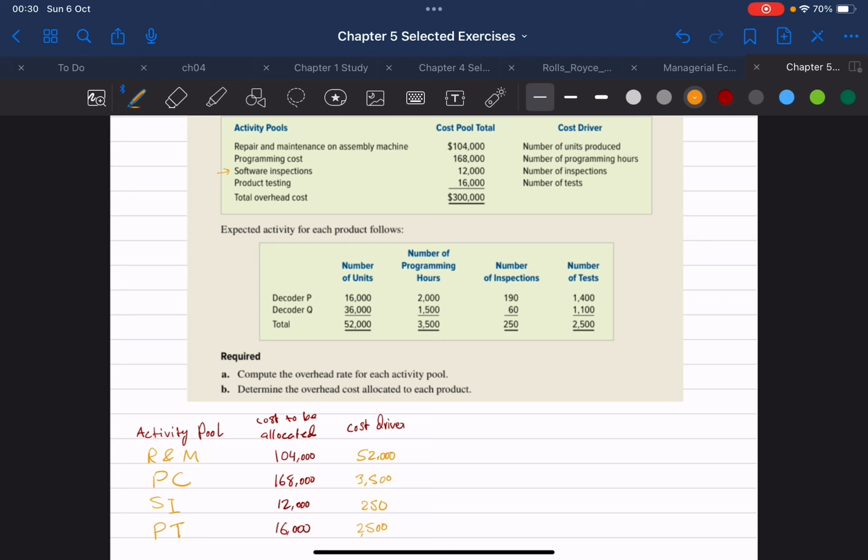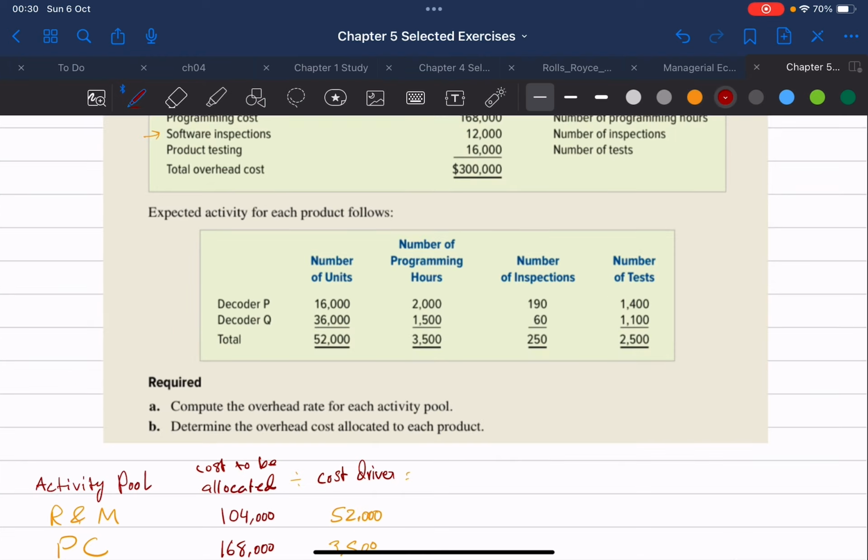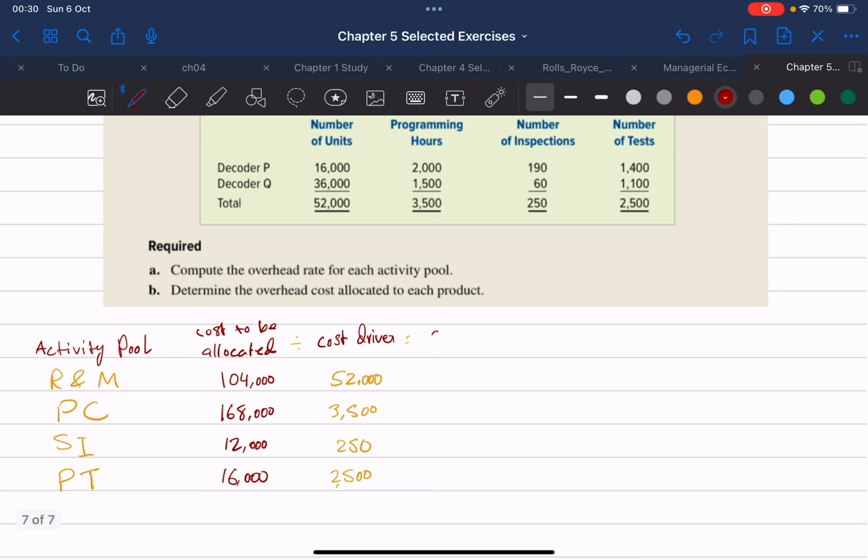Now all we need to do is divide the cost to be allocated by the cost driver, and that will give us the allocation rate. Let's use the calculator and figure out each allocation rate. 104,000 divided by 52,000. We already calculated that earlier.